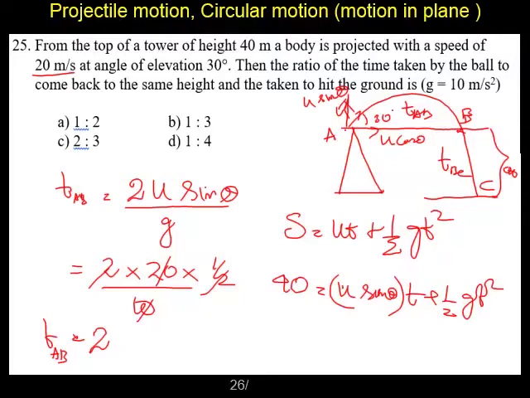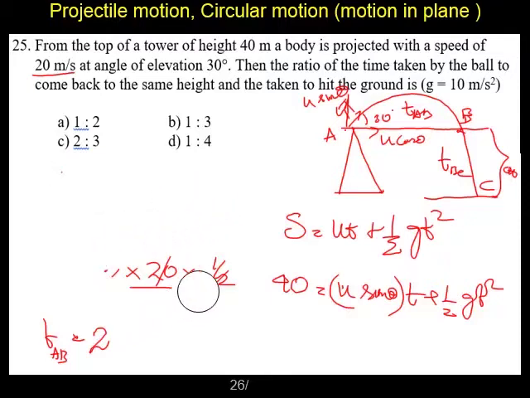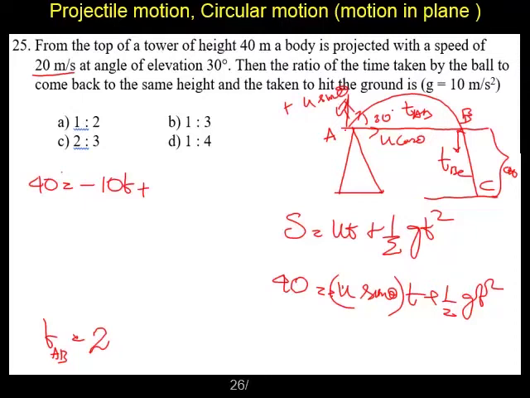Now the answer: 40 equals u sin theta, which is 10, and the body is moving downwards, so we write it as plus u sin theta t, where u sin theta is 20 times half, so 10t, plus half gt square, with g as 10 by 2, so 5t square.